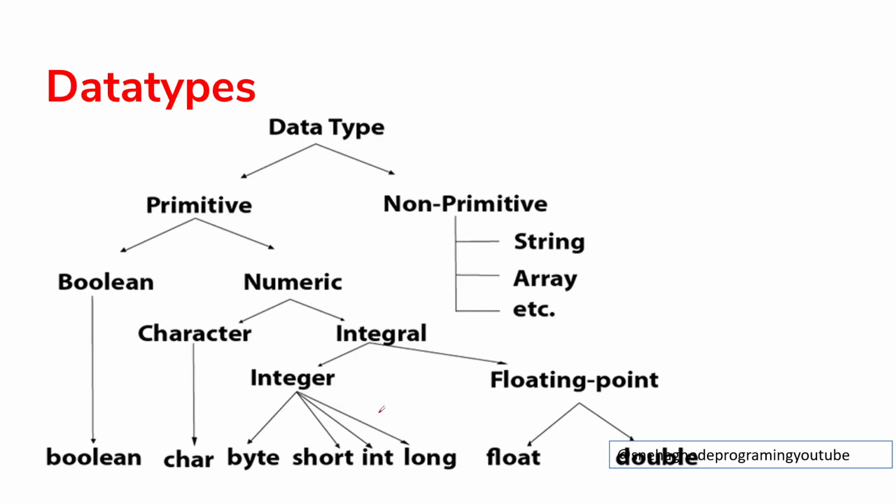Let's have a look at data types. Now data types are differentiated into two types. The first one is the primitive data type and the second one is the non-primitive data type. Primitive data type means which is created at the time of creation of the language. For example, the English language has some primitive things built at the time of creating the language, like some rules: past tense, present tense, future tense.